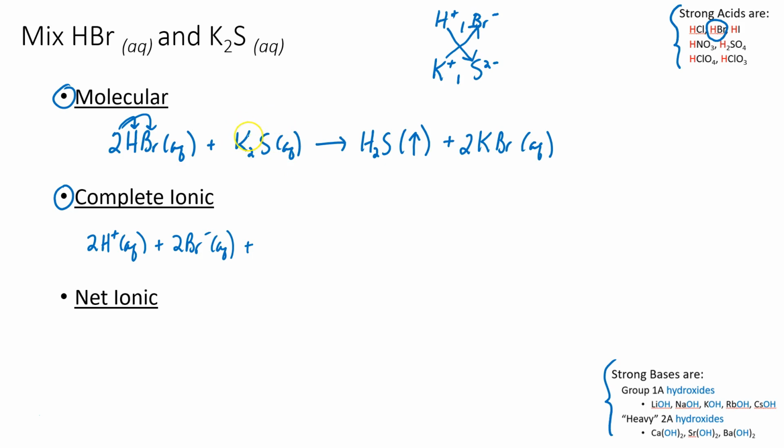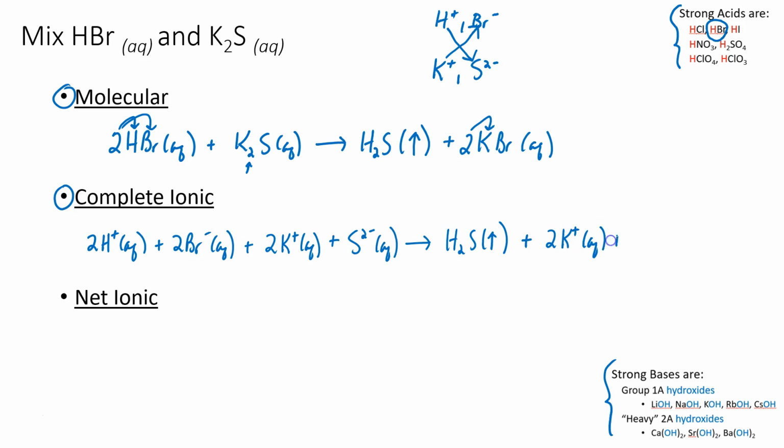It dissociates 100% into 2 potassiums. Again, that 2 comes from the subscript, and 1 sulfide. And we leave our hydrogen sulfide gas alone. And our other product is a soluble ionic compound. We're going to dissociate it 100%. In this case, we're going to get 2 potassiums and 2 bromides.